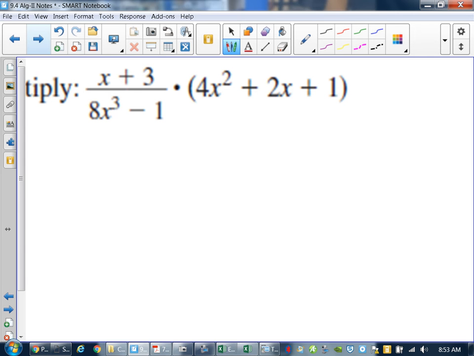Next problem, same deal. That whole idea of difference of cubes, sum of cubes, that comes back.